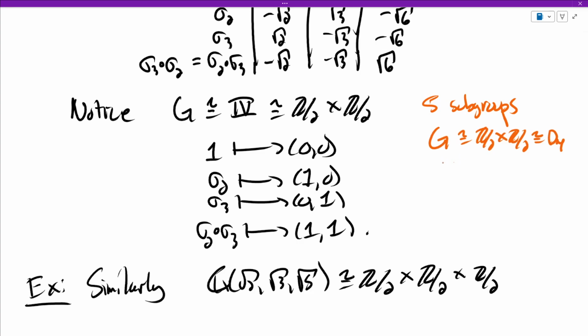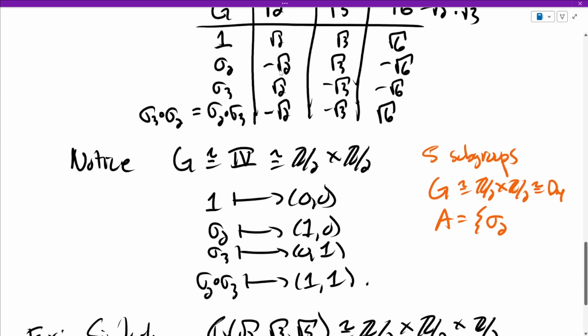There is a subgroup A that is generated by sigma 2. If you square sigma 2, that means negate root 2 twice and don't do anything to root 3. If you negate root 2 twice, you're the identity. So sigma 2 squared is the identity, so we'll add in the identity.